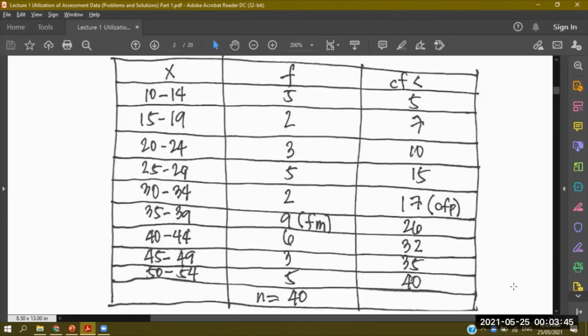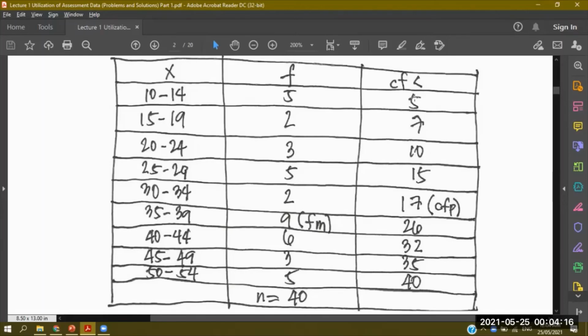So yung median class natin, according to our definition, MC is a category, siya yung category containing the n over 2. So ilan yung n over 2 natin? 20. Therefore, sabi niya, cumulative frequency before the median class if the scores are arranged from lowest to highest. Now, if we're going to look at the value of CF natin dito, wala tayong makikitang 20.